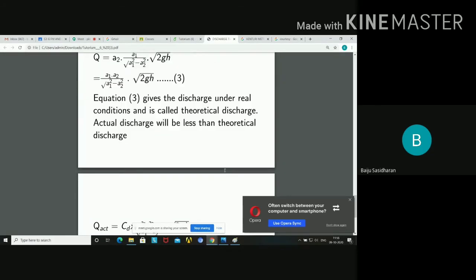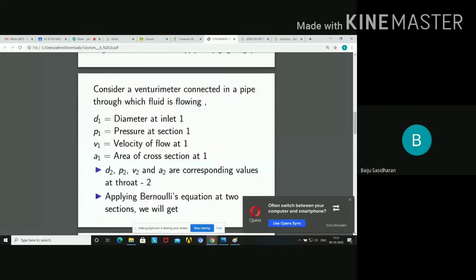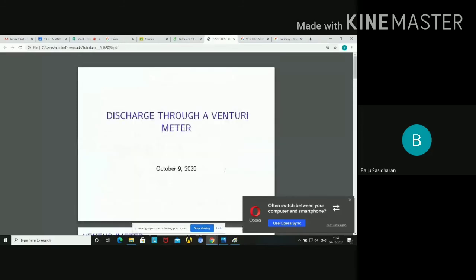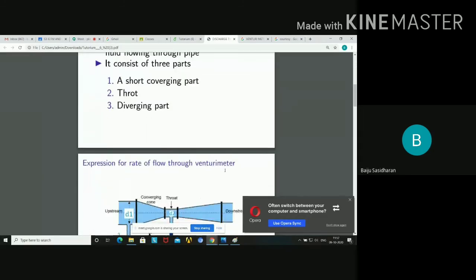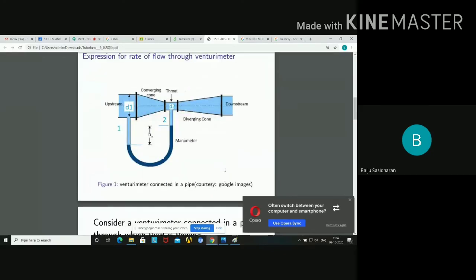So this is the derivation of theoretical discharge for a venturimeter. Once again, I will explain. First of all, you have to draw the figure and explain the construction details. That is, there is a short convergent portion, there is a throat, and after that there is a long divergent portion.